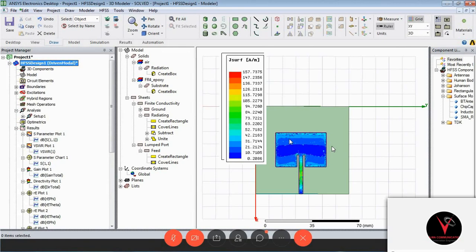Sir, in some defected ground structures, the ground plane is reduced, and some part is removed from the substrate. Tomorrow I'll explain that via design. If you go for a defected ground structure, you enlarge the bandwidth. That is the first condition.